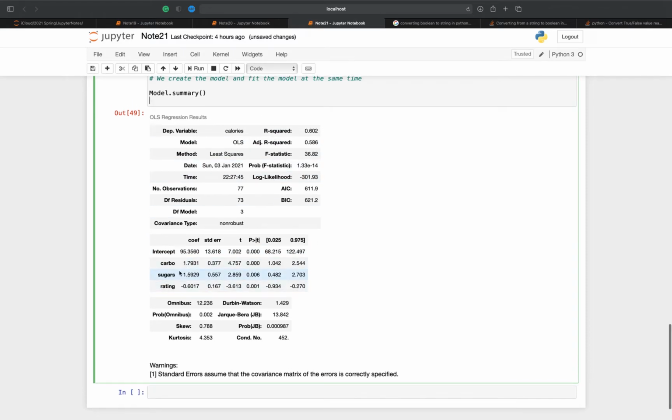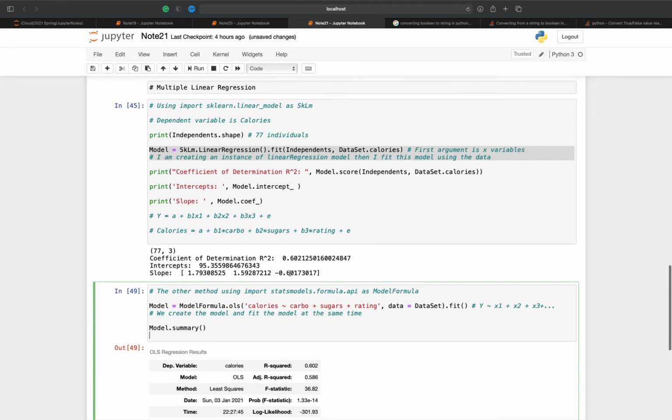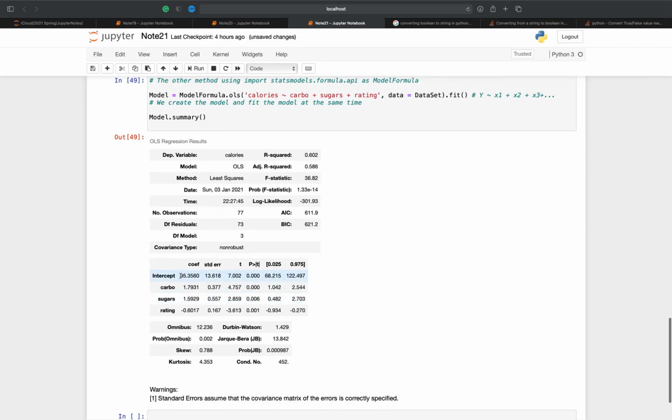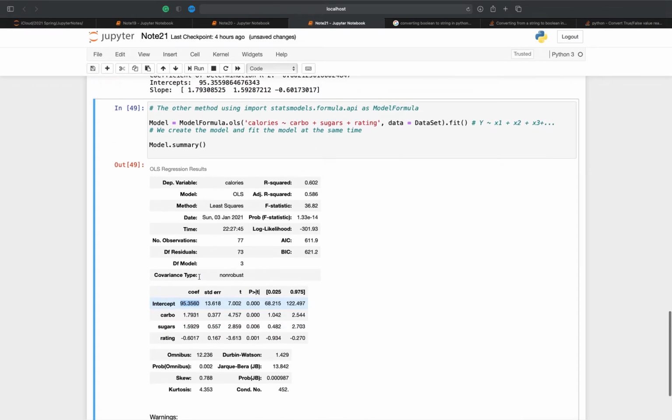So the main information is here. First of all, let me compare what result we got here with the previous method. 0.60 was R squared, the coefficient of determination, and here it is exactly the same, right? And then intercept 95, here we have 95 intercept, right?